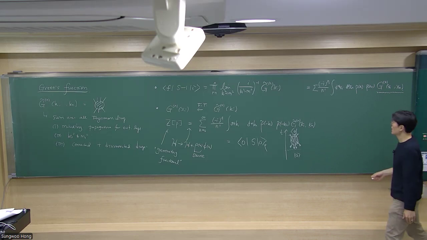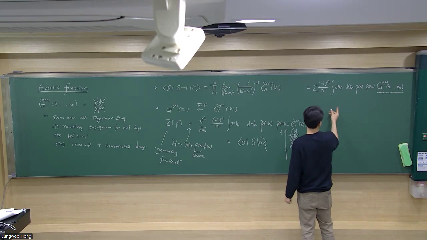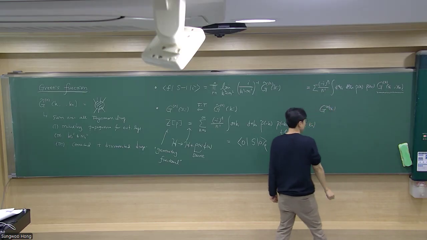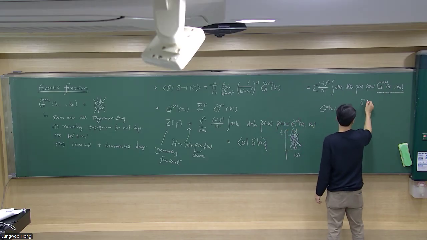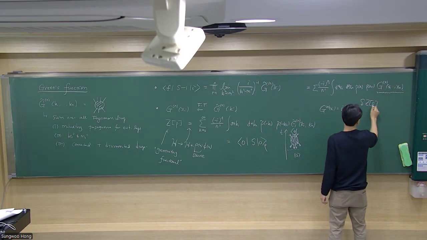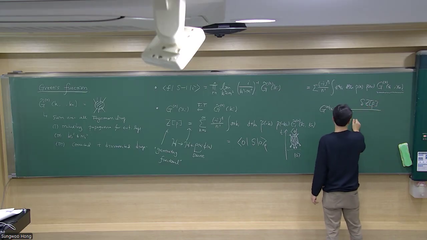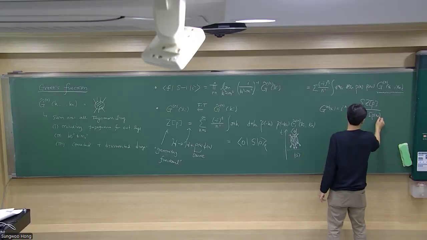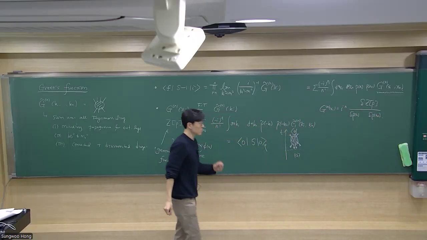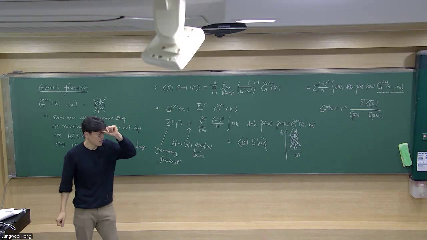Hence Green's function. From this expression, it should be clear that you can now obtain the n-point function as a functional derivative of this generating function, hence it is named, by taking the functional derivative. So that's what we talked about until last time.